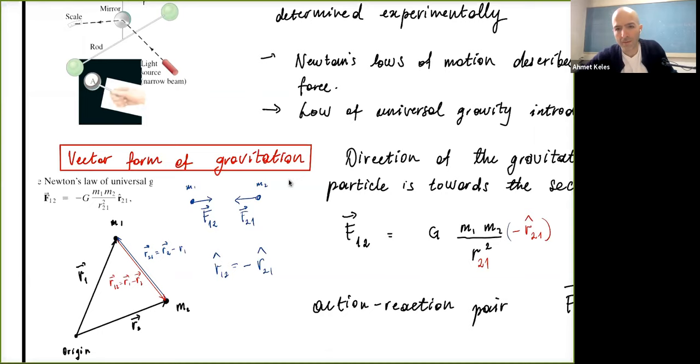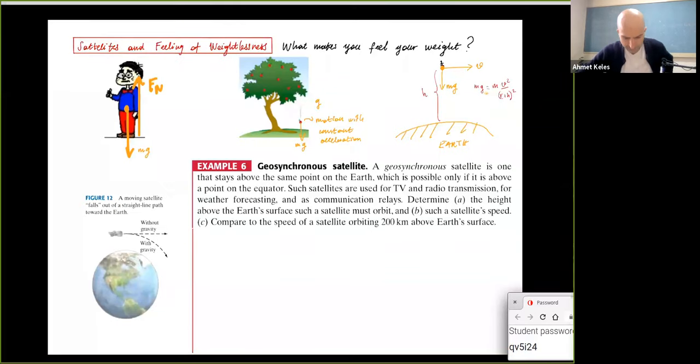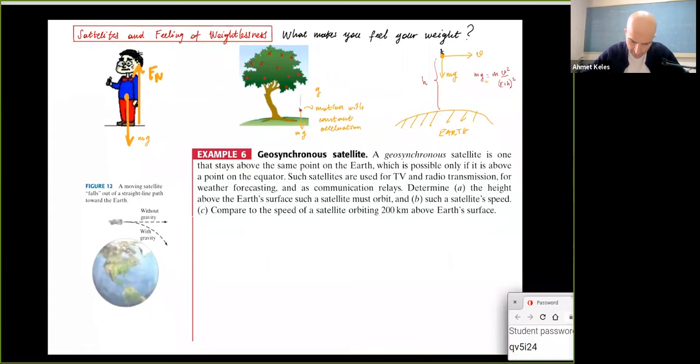Let's go ahead and solve this problem. So you are at a height h above the Earth, and you rotate with the Earth, right? So let's first write the force. It's always F equals ma, right? Total force is equal to ma. Total force is gravitation.